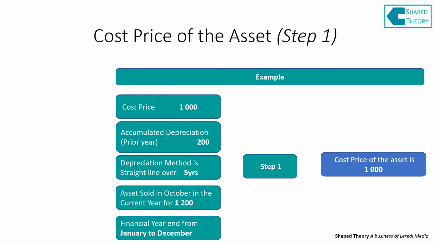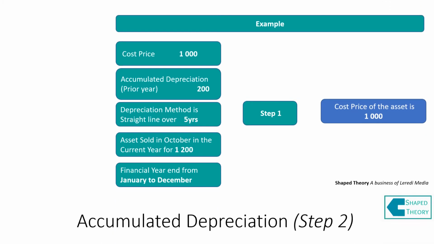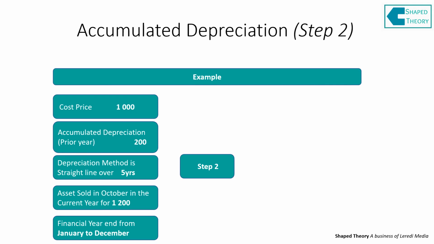Let's look at step 2, which is the calculation of the accumulated depreciation. For us to come to the correct accumulated depreciation amount, we will need to determine the previous year accumulated depreciation and the current year depreciation and add these together to come to the total accumulated depreciation of the asset.